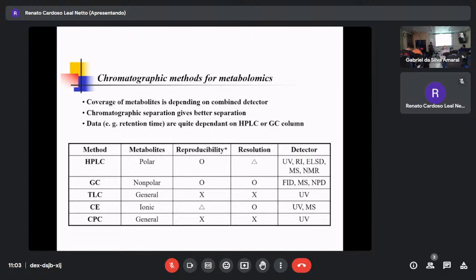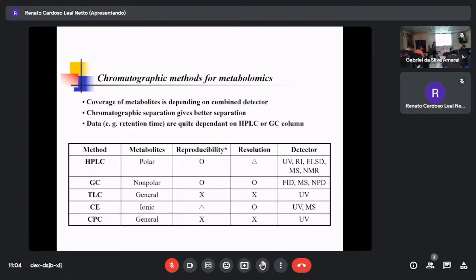Can I use this one for fingerprinting or not? Maybe it's doubtful. But sometimes we can use it. And when I use HPLC, you have to think about what the target is, because usually in HPLC we are using a C18 column. This C18 column is actually good for polar compounds, but if you have lipids or carotenoids or other compounds, you will lose the information.